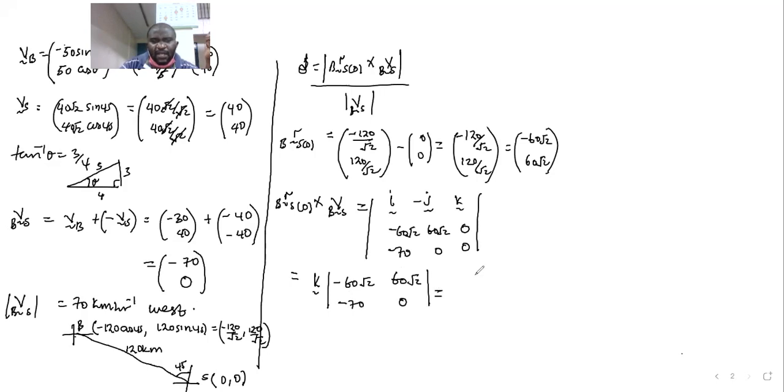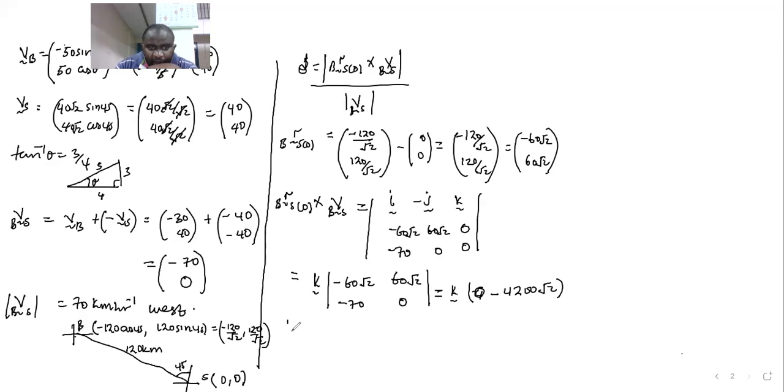And this would be our answer, having the vector k with 70 times 60, that is 4,200. So you confirm with the calculator, which is a negative 4,200, but it is coming from 0 minus 4,200 root 2.